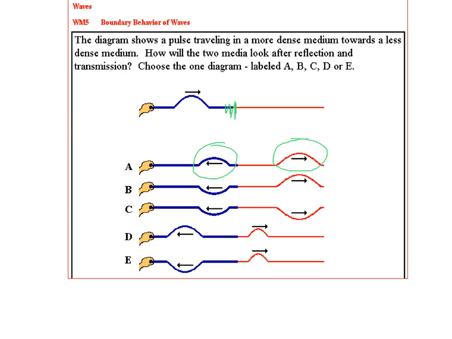The other thing to look at is whether the waves are inverted or not when they reflect or transmit. So in figure A, notice both wave pulses are crests, just like the original wave pulse went in. But in figure B, which I'll circle here in gold, you see how it's been inverted.